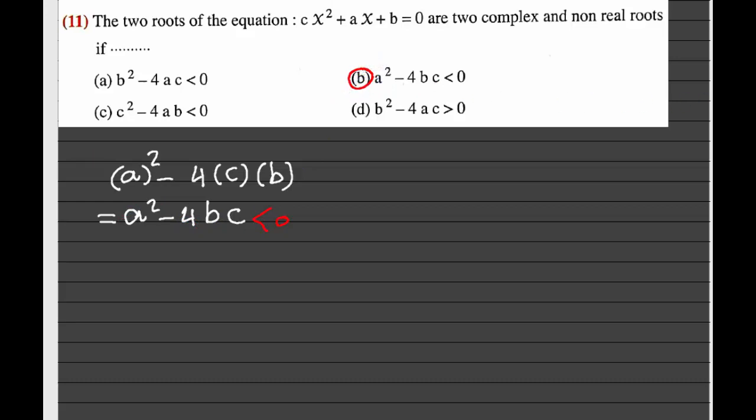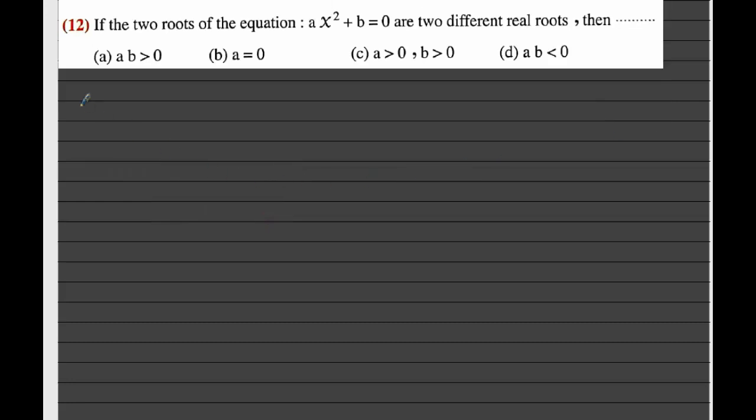Okay, question number 12. If the two roots of the equation ax square plus b equals 0 are two different real roots. The two roots are different real roots if the discriminant is greater than 0.